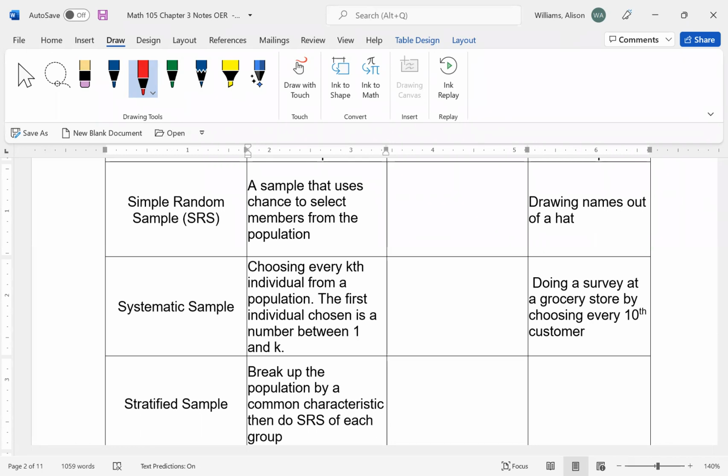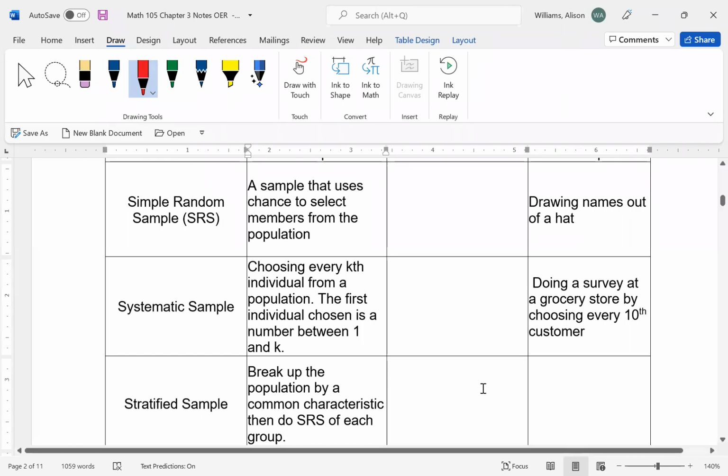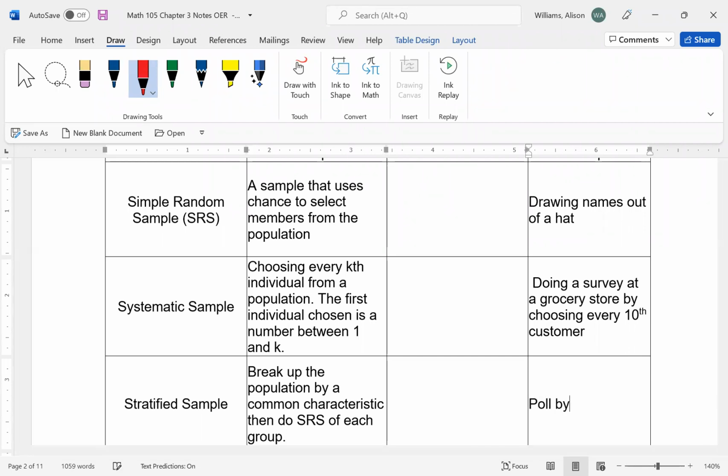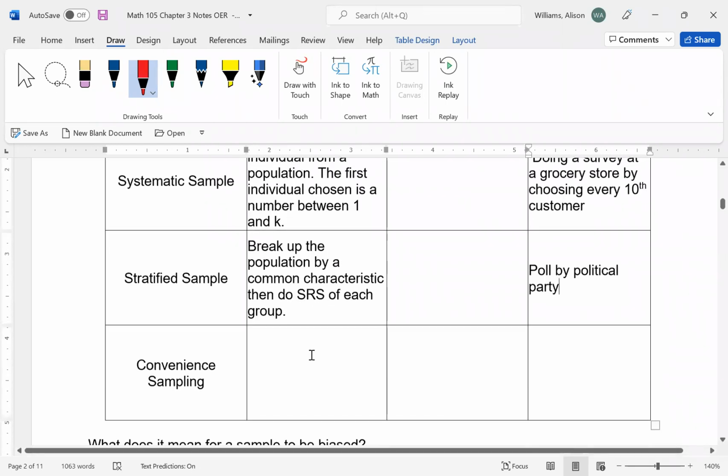And I'm using that SRS to represent simple random sample. So then do a simple random sample of each group once you've broken it up. So a great example of this is when you do a poll by political party, the party that the person is registered to vote for. Okay, that's an example of a stratified sample.